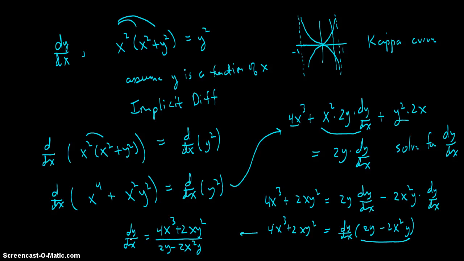And that could even be simplified slightly. You could factor out a 2 and cancel it. On the top you could also factor out an x, but it won't cancel because you can't factor an x on the bottom. You could factor a y on the bottom, but not an x.